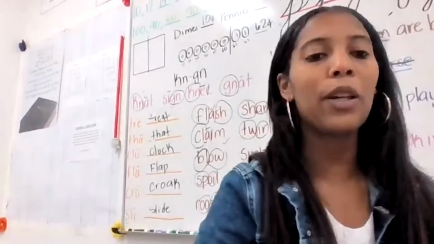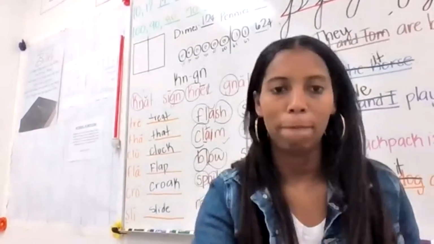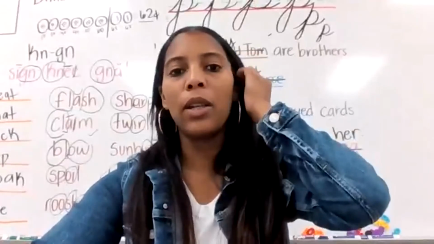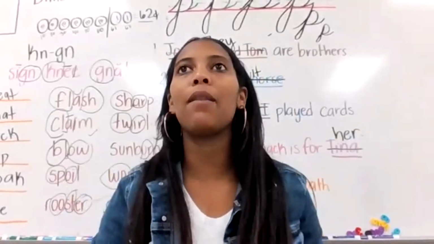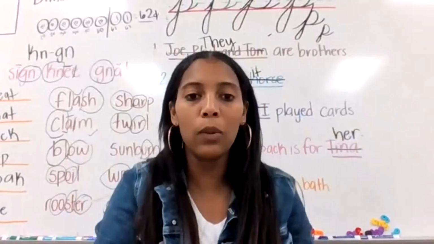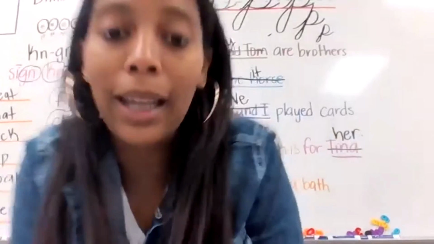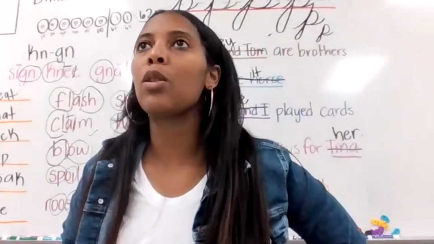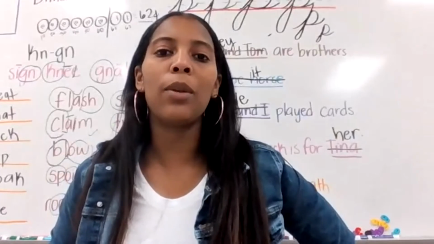Okay, so that's it for our reading today. In science this week, we learned about wheels, ramps, and levers. Remember, wheels help things to go, like a bike or a scooter, or a toy car, which would not be able to move without wheels.